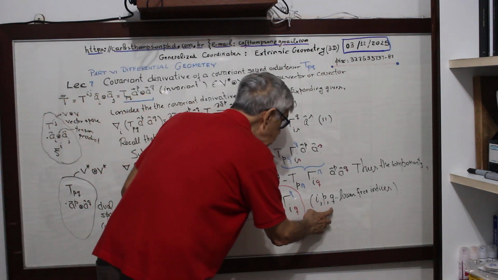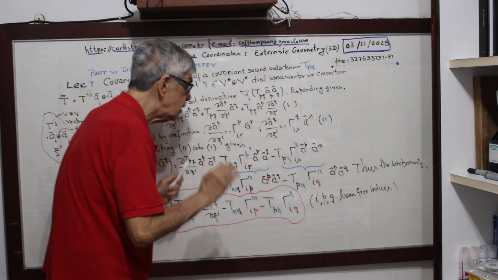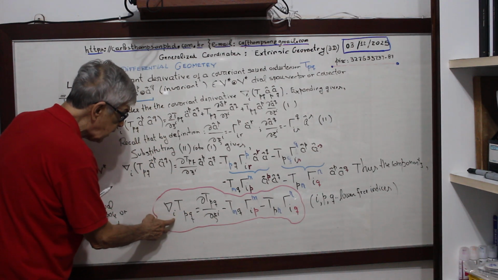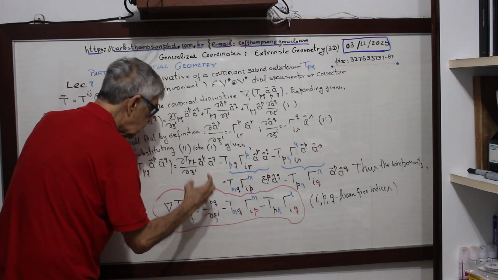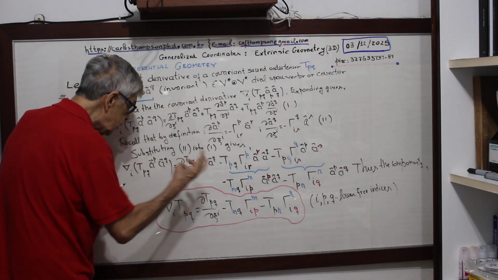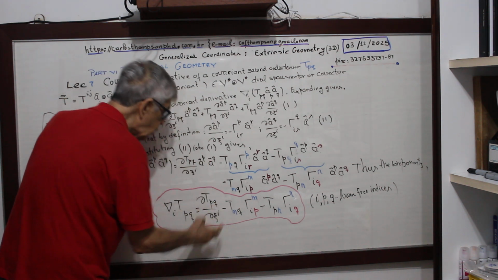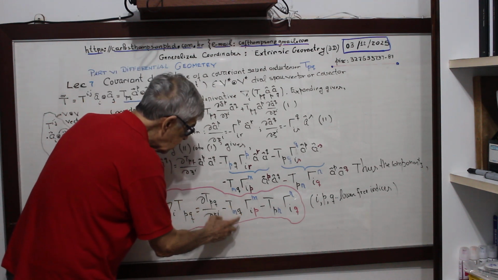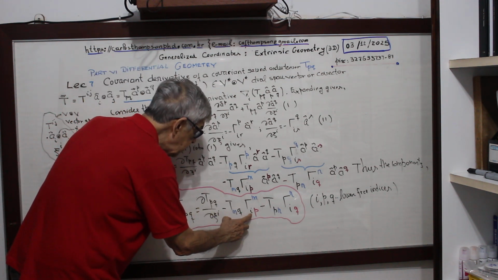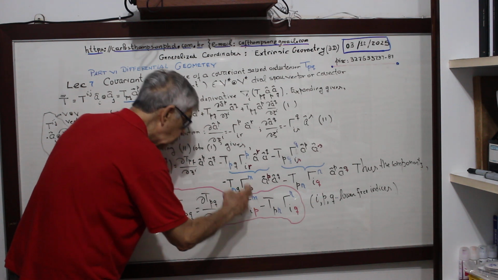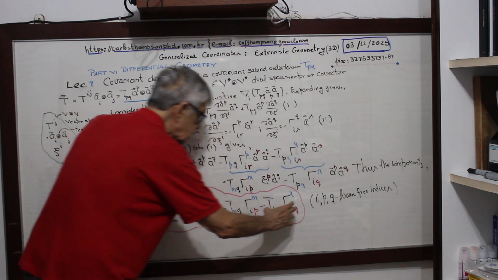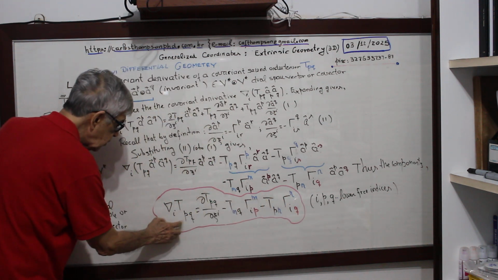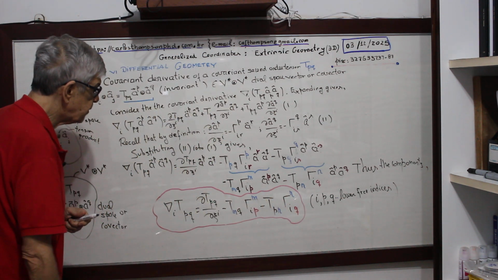Attention, IPQ, a lower free index on the left-hand side. You see? Now, PQI, three lower indices. You see here, look, IPAQ, lower indices. Now, IPAQ, lower index. This matches with the left-hand side.